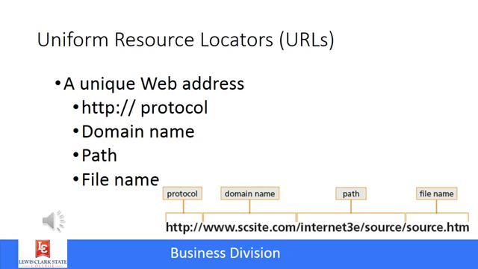Now, the first thing you'll see is a protocol, such as HTTP or HTTPS or FTP, different protocols, then the domain name like www.lcsc.edu. And if you wanted to go into a specific folder, there would be a path, and you would use a / to get into that particular folder or path, and then finally the file name. And many times, as you see in this slide, the file name will end in an HTM, but it also could be a PDF file or a PHP file.